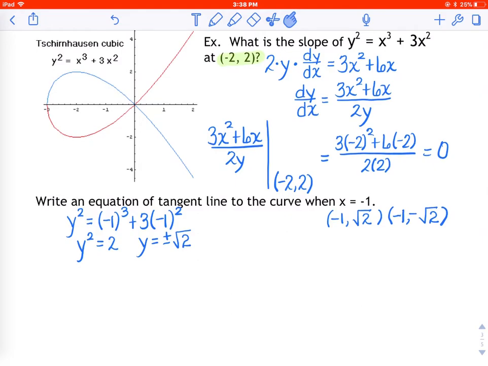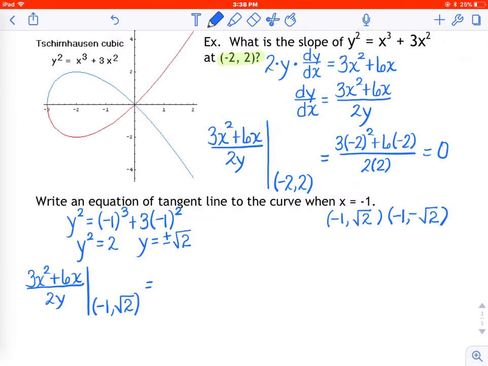So as I go ahead and evaluate that derivative, 3x squared plus 6x all over 2y, I'm just going to take them one at a time, at (-1, square root of 2). I'm taking the higher of the 2 points.